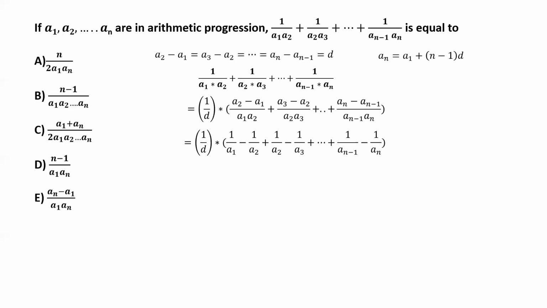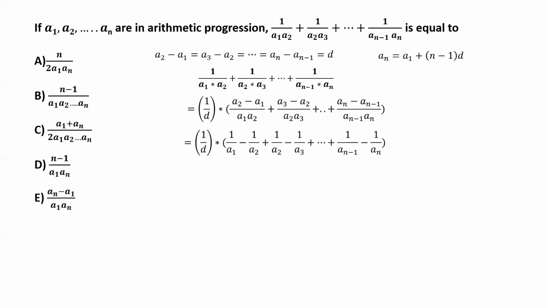And one of the things we note here is that the terms get cancelled out. All the intermediate terms like minus 1 by a2 will get cancelled out by plus 1 by a2. Similarly, minus 1 by a3 is going to cancel out by plus 1 by a3. And so all the interim terms of the sequence, the reciprocals of those terms, will get cancelled out.